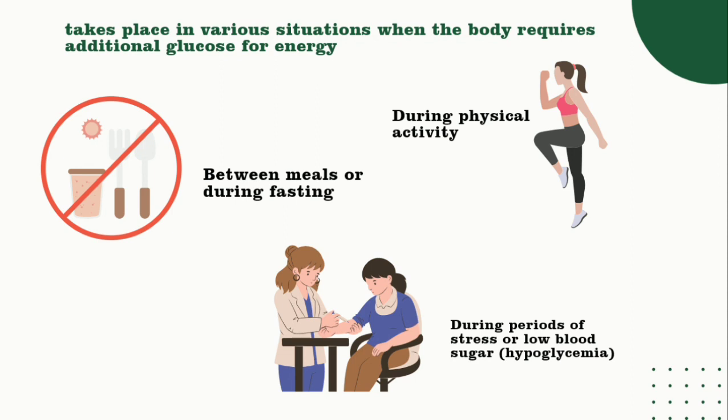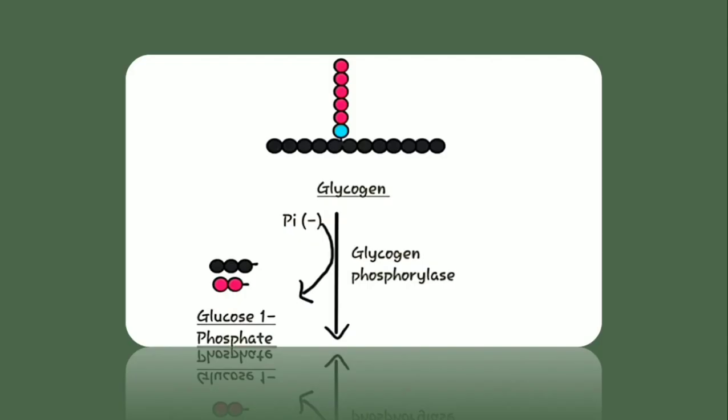Now, how does it take place? First of all, we have glycogen, which is the starting material of glycogenolysis. It consists of many glucose molecules which are branched.